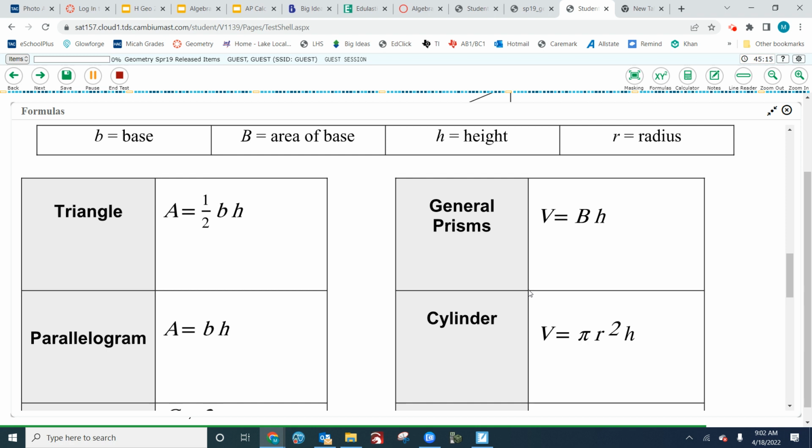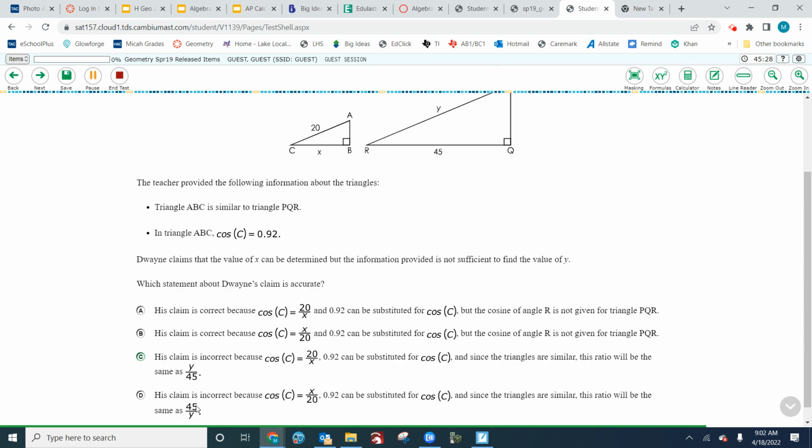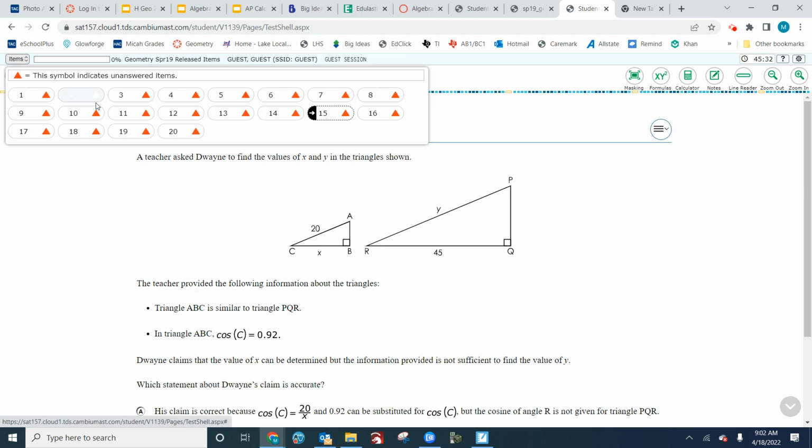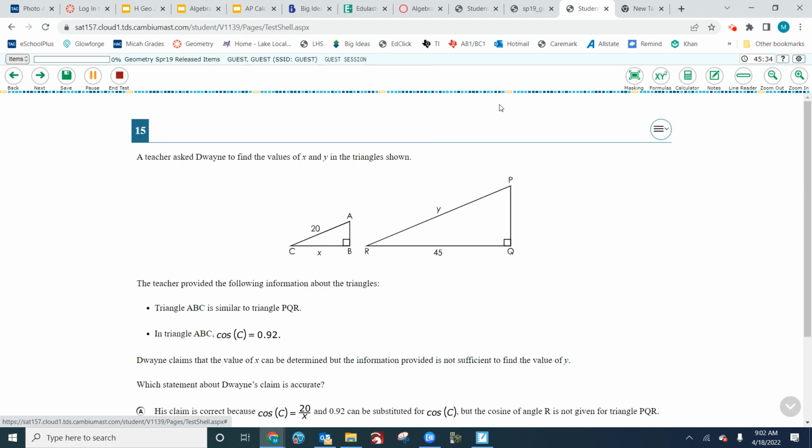So I don't know if the geometry test is the same length or different. It's been 30 questions in the past. I don't know if it's going to be more or less. This release test had 20 on it, but I don't know if 20 was the last question. This is only the ones they released to us.